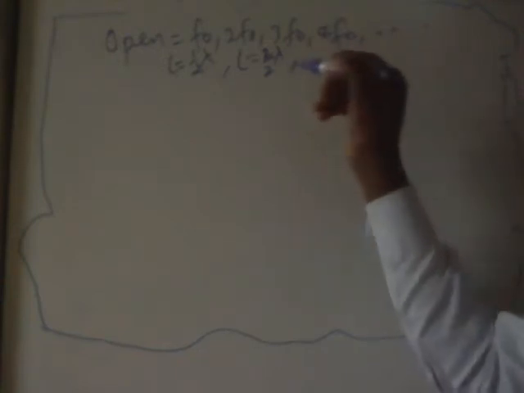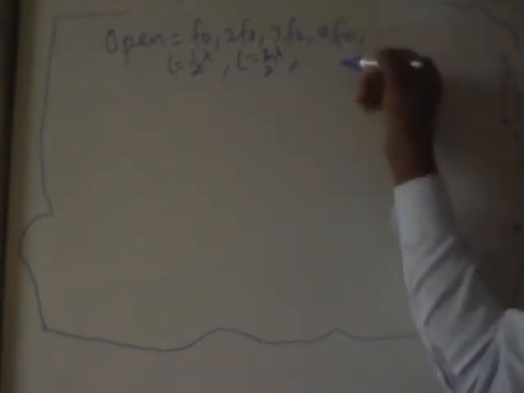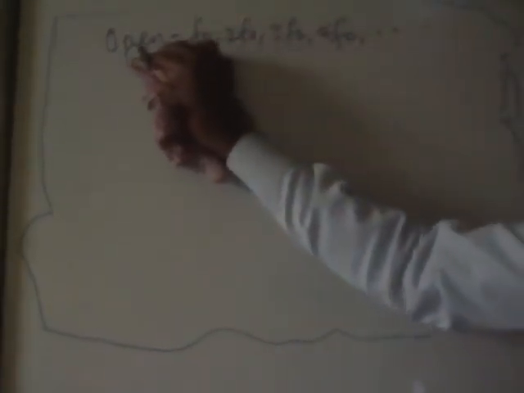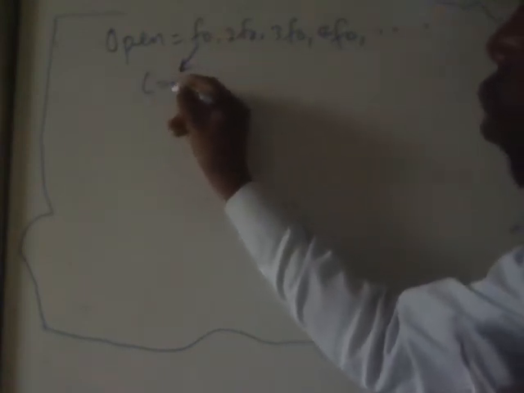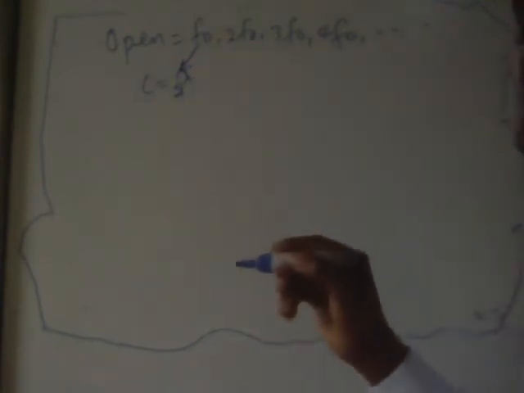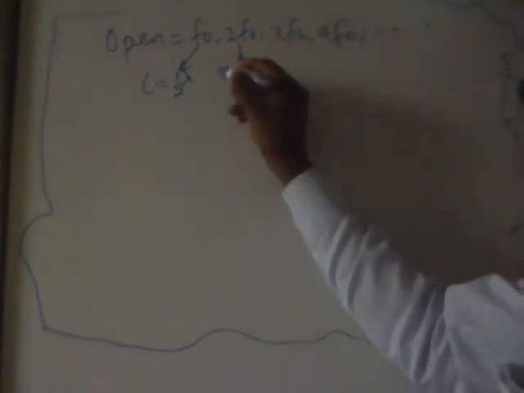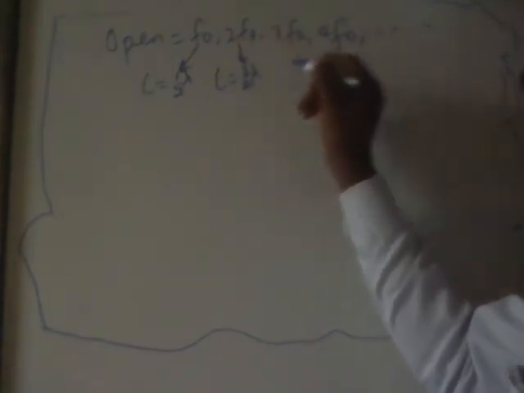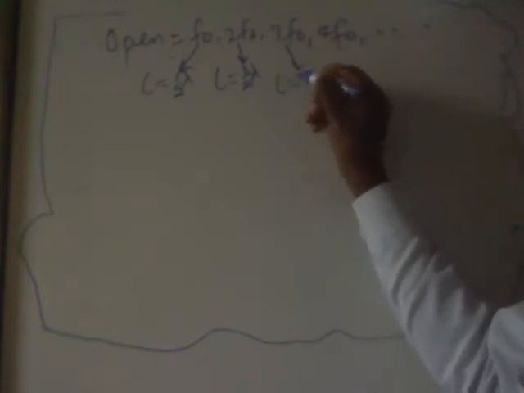For the third one, corresponding to 3F0, L equals 3/2 lambda. Leave the denominator constant. For this, you have L equals 4/2 lambda, like that. That's for open pipe.